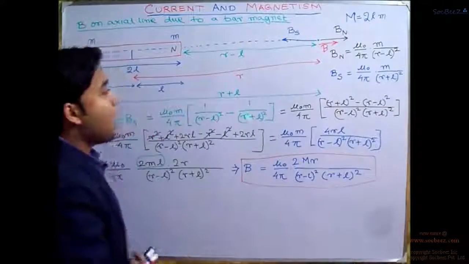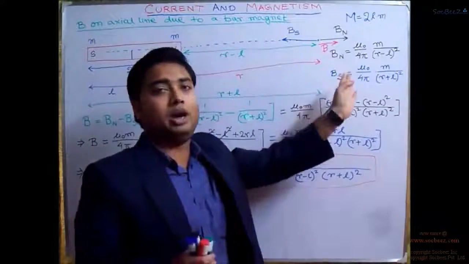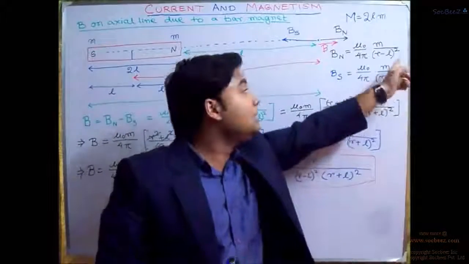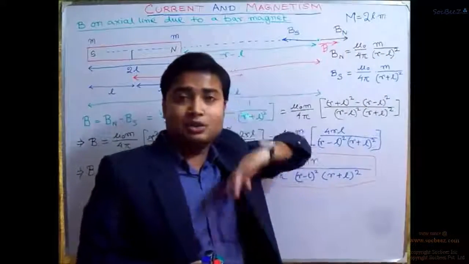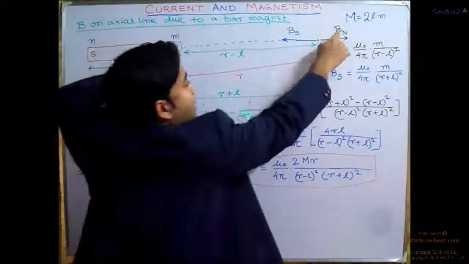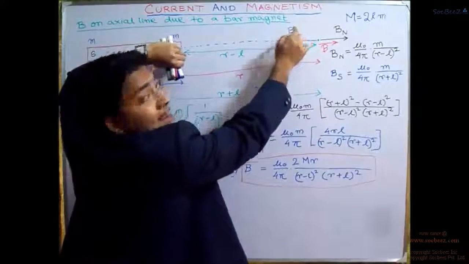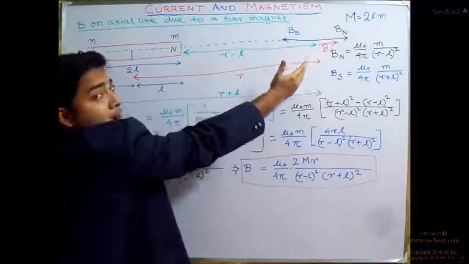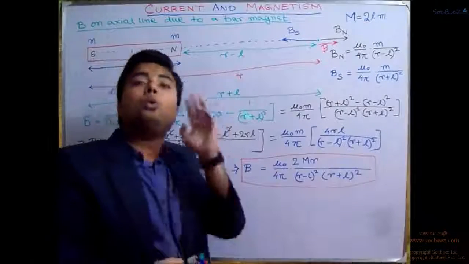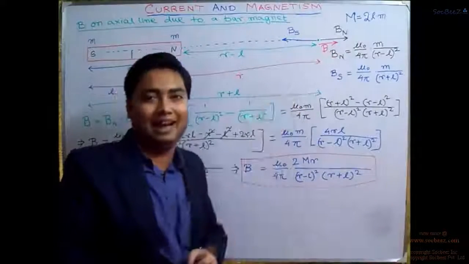Now, what made us think that Bn might win over Bs? Simple. As we know, this magnetic flux density follows the inverse square law, which means that if the distance increases, this B will actually decrease. Over here we can see that for the Bn the distance is only this much, whereas for the Bs the distance is so large. So the distance increases for Bs, which means that Bs would be smaller as compared to Bn.